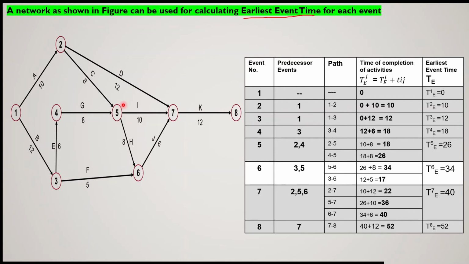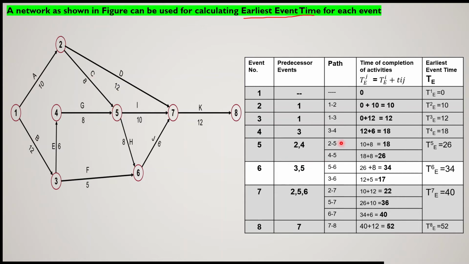Now if you see event number 5, it has two predecessor events, event number 4 and event number 2. Predecessor means immediate predecessor, so we have written event number 2 and event number 4. The activity connecting 2 and 5 is path 2, 5.